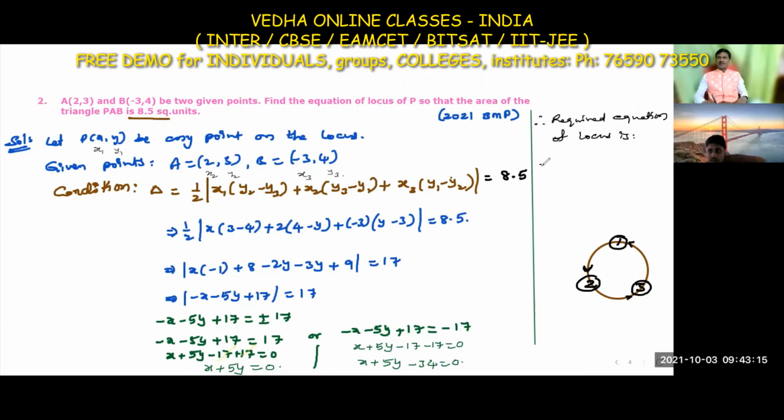So it gives the required locus equation, that is (x plus 5y) into (x plus 5y minus 34) equal to 0. This is the required locus equation. You can leave it here.